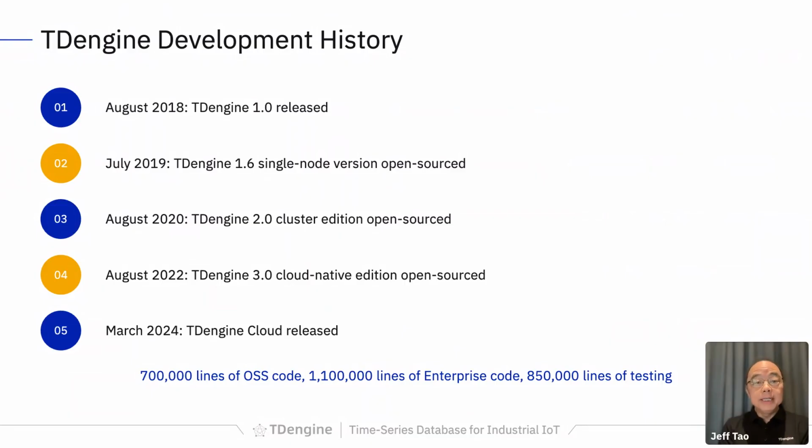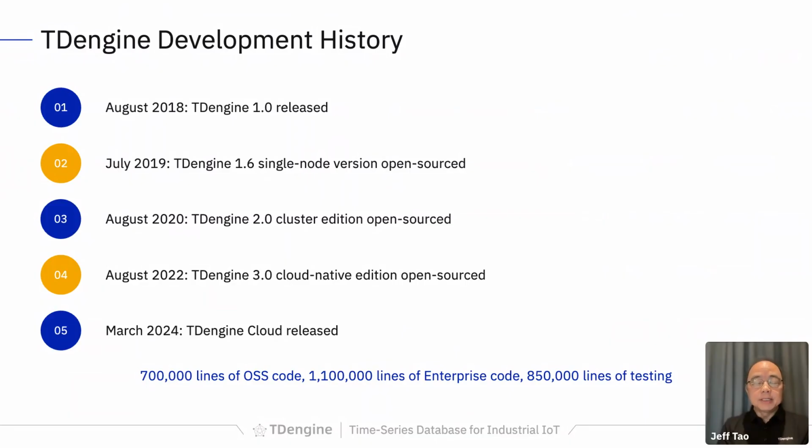After almost 1 year, we also open sourced the cluster edition, TDengine 2.0. In August 2022, we open sourced our cloud native edition 3.0. After almost 3 years, today we just released 3.3.6.